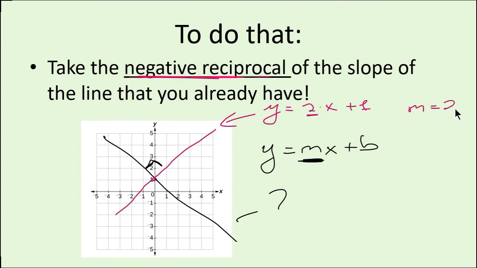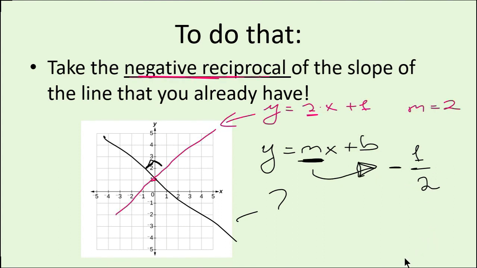In order to find the slope of this black line, we take the negative reciprocal. That is, we divide 1 by that slope m, so that is 2, and we change the sign, so minus 1 over 2. Now the slope of that black perpendicular line will be negative 1 over 2.